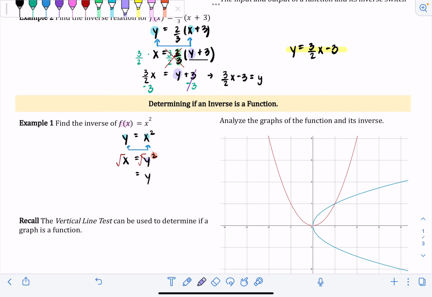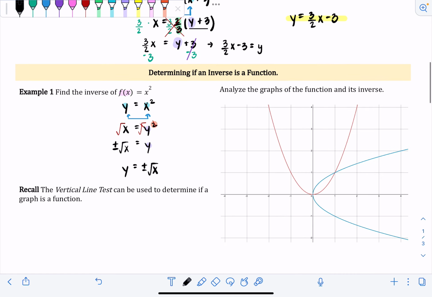And when I take the square root of something, I typically include the positive and negative version of that. So instead of just the square root of x, I'd write the positive and negative square root of x. So my inverse would be y equals positive or negative square root of x.